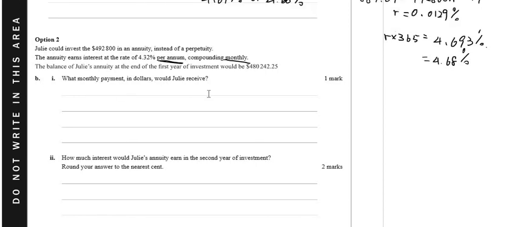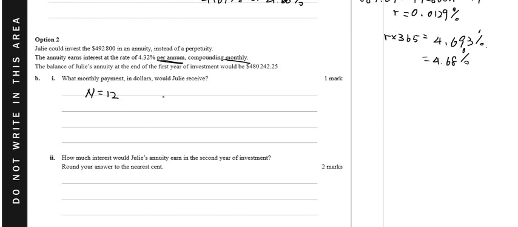When we get to these questions, this is not related to general math students at this moment, but for further math students, this requires you to use the financial solver in your calculator. In your calculator, your n is equal to 12 because it's compounded monthly, so your term will be 12 terms.